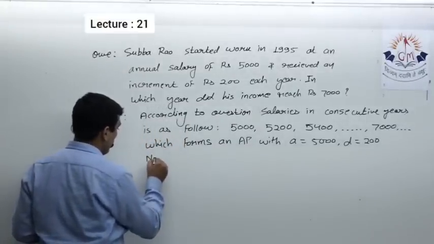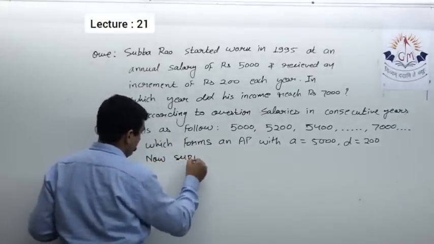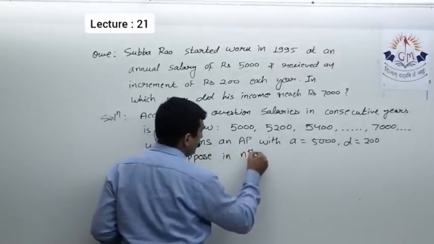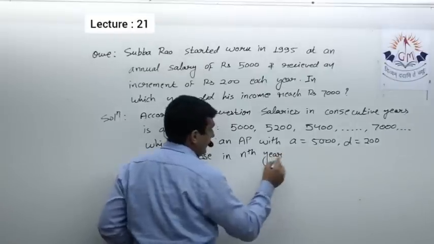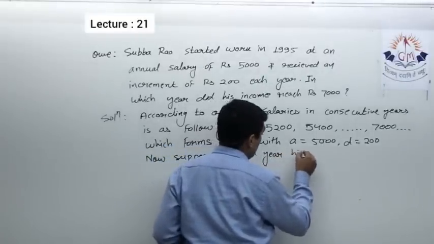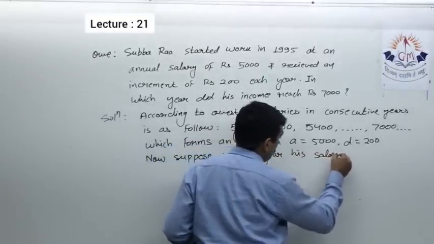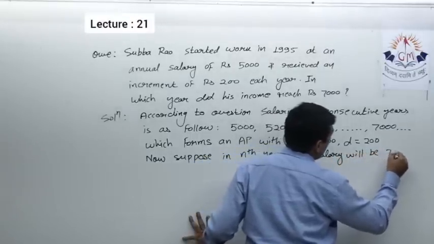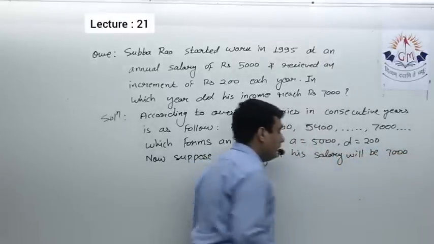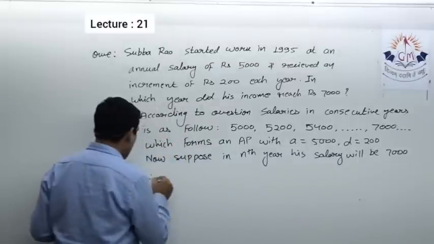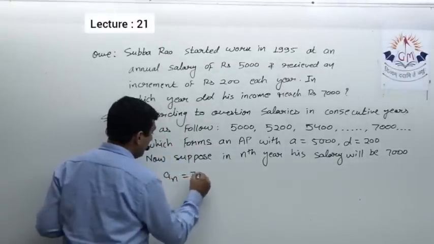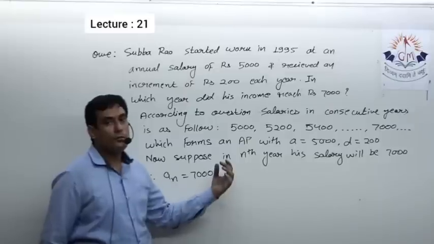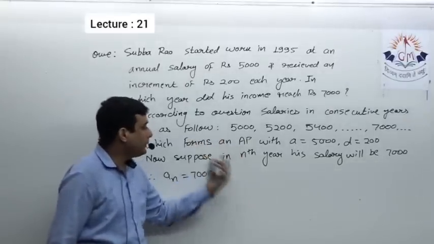Now suppose in the nth year his salary will be 7,000. Therefore a_n is equal to 7,000 according to the terminology of arithmetic progression.